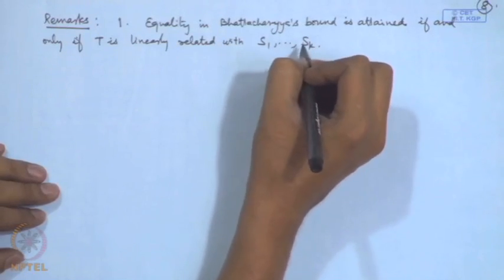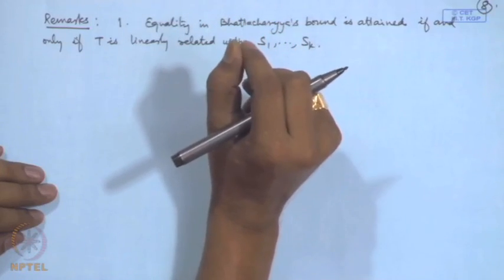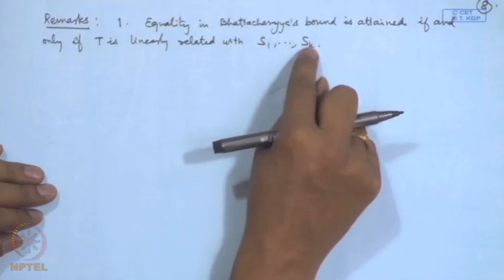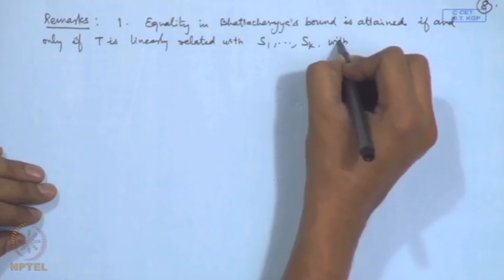Now, why is this? Because we are using that the multiple correlation coefficient is less than or equal to 1. The multiple correlation coefficient is equal to 1 provided the dependent variable and the independent variables are completely linearly related. So, that is the condition here, because we are considering the multiple correlation between T and S. So, they must be linearly related with probability 1.